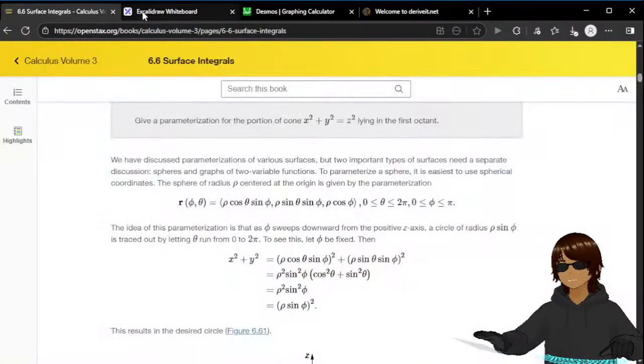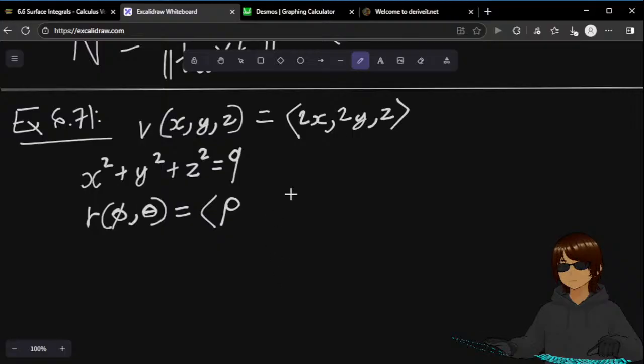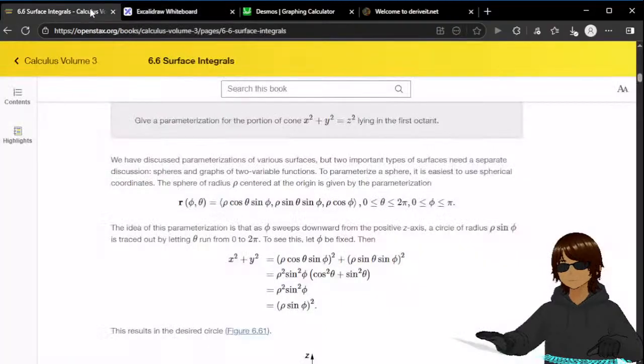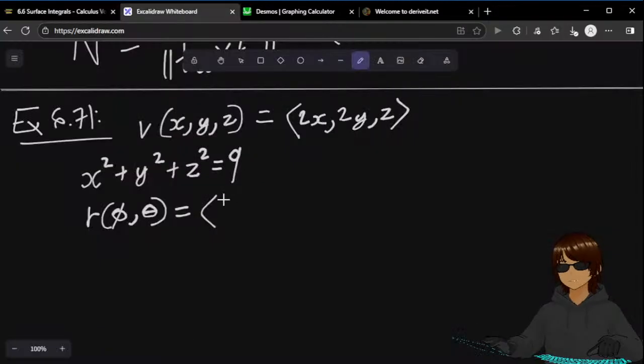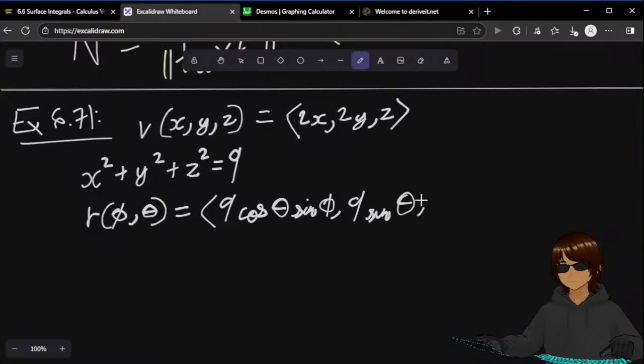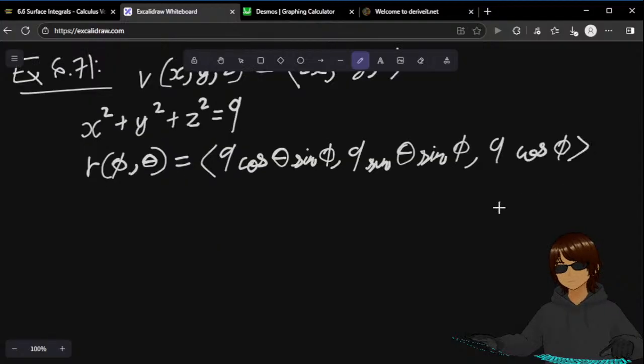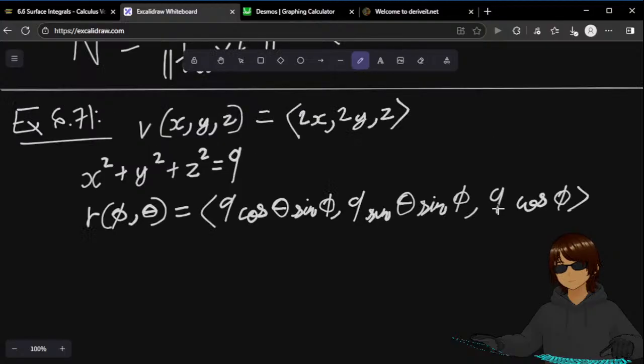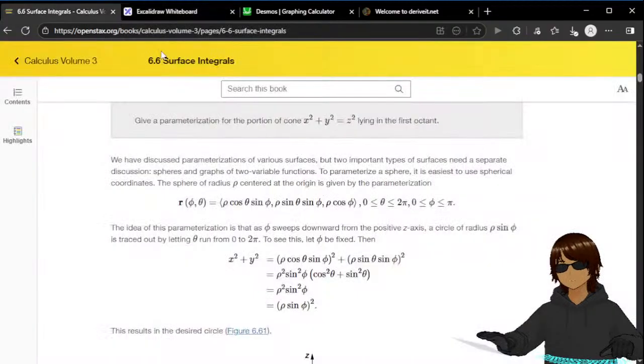This equation, so rho here is 9. 9 cos theta sin phi, 9 sin theta sin phi, and 9 cos phi. And then we need to calculate tu and tv, right?